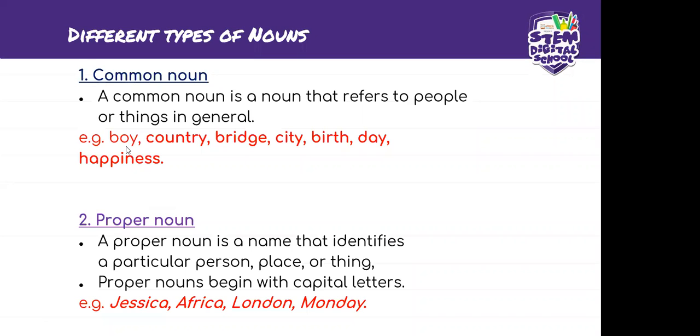For example, boy. Yes, remember, a common noun is a noun that refers to people or things in general. Okay, so it refers to general things. For example, we have boy, country, bridge, city, birth, day, happiness. Okay, and there are other common nouns which I didn't include here.